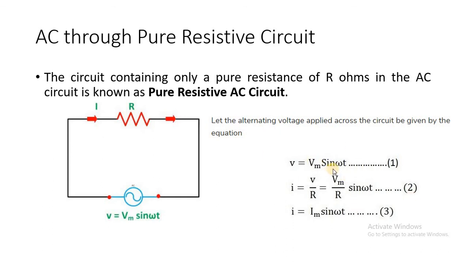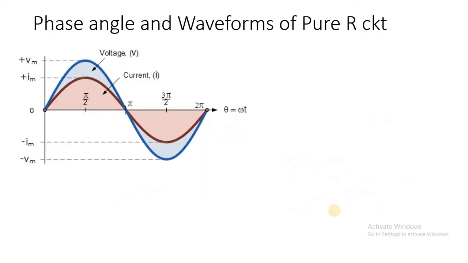When the equation is in terms of sin omega t, both waveforms start their positive half cycle from omega t equal to 0 because they do not have any phase angle. So the voltage V equal to Vm sin omega t starts its positive half cycle at omega t equal to 0, and as current I is also equal to Im sin omega t, the current I also starts its positive half cycle at omega t equal to 0.